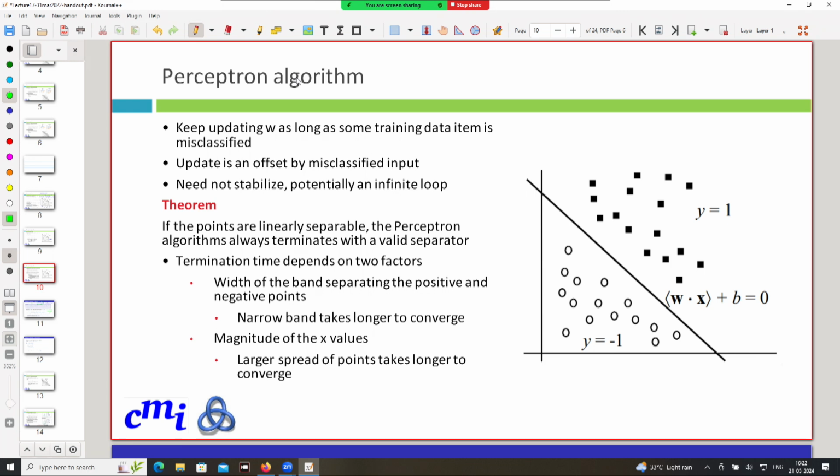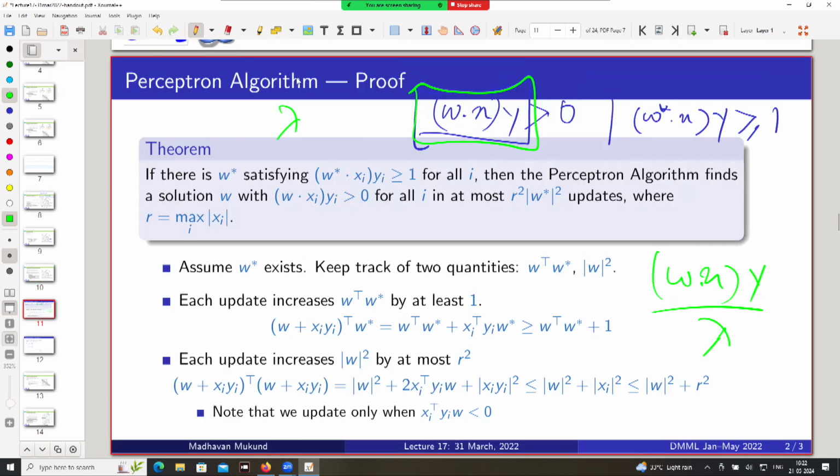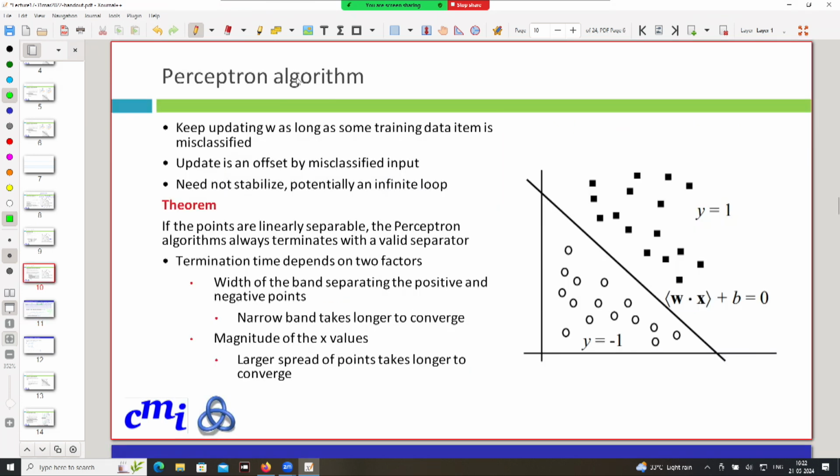Sorry, I got confused. So R is simply this. I guess you're talking about W star, and I was answering about W star. So for W star, you find the closest pair of positive and negative points and take half their distance. Then one over that is roughly going to be the value of the length of W star.